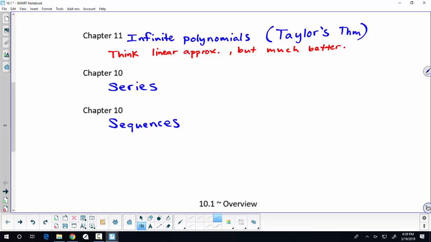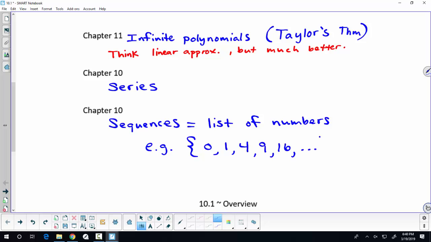What's the difference? A sequence is just a list of numbers. A series is when we start adding those numbers together. So, for example, 0, 1, 4, 9, 16, etc. That's a sequence. A series would be 0 plus 1 plus 4 plus 9 plus 16.